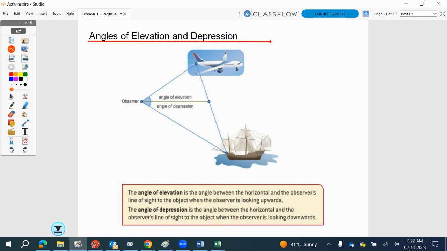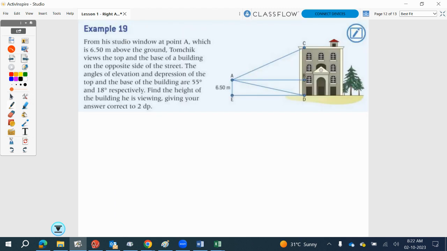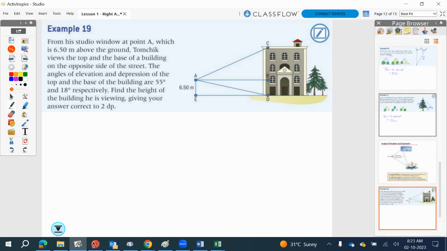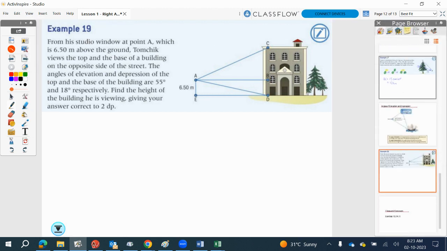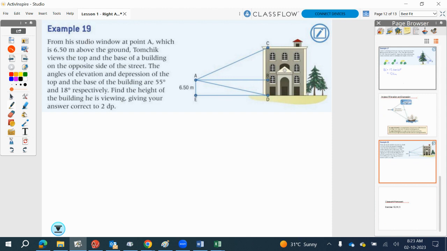Okay, moving on. Okay, this is a little bit more complicated problem. Have a go at this one in pairs. It's our last problem for today.